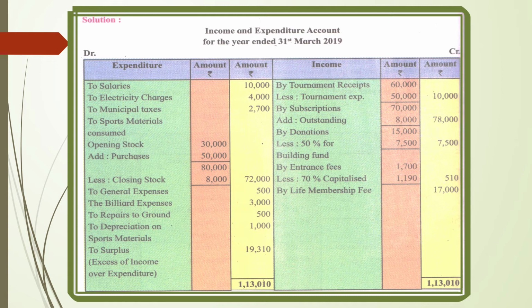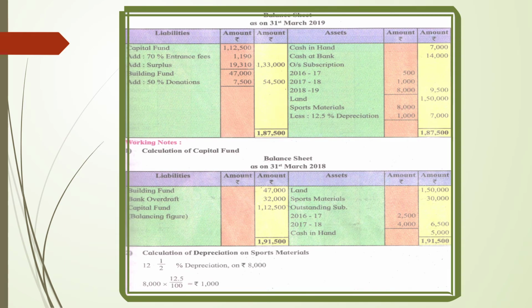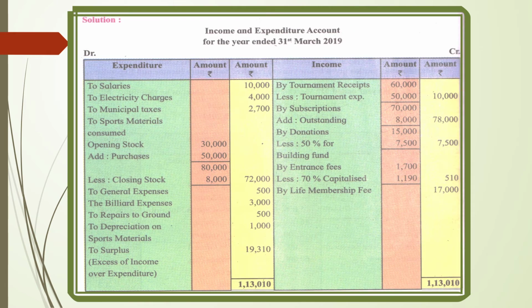See, there are two methods to solve this item. Tournament receipts are on the receipt side and tournament expenses are on the payment side, which is mentioned in the receipt and payment account. So from tournament receipts you have to deduct tournament expenses, that is 50,000, which is shown on the payment side, and in the outer column you have to mention 10,000.